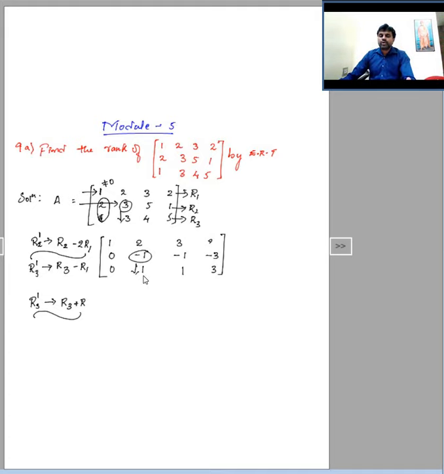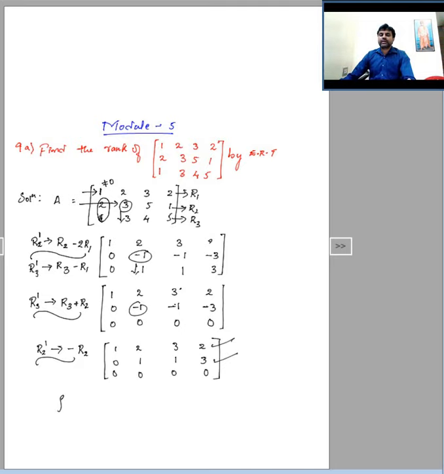Using R2, make the R3 value 0. If we have opposite sign, just add those two. R3 plus R2 gives the result. Now we have a minus sign there, so multiply by minus.